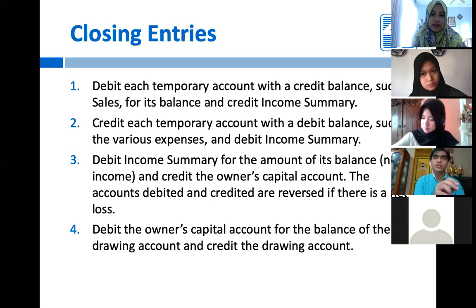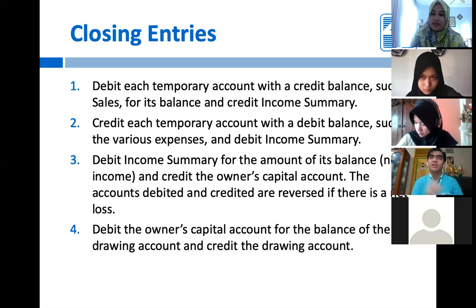Temporary accounts include the expenses and revenue. But why is it called temporary? Because it can be eliminated at the end of the period. Yes, it will be closed at the end of the accounting period, meaning it doesn't have any balance to be carried forward to the next period. That's why it's called a temporary account.